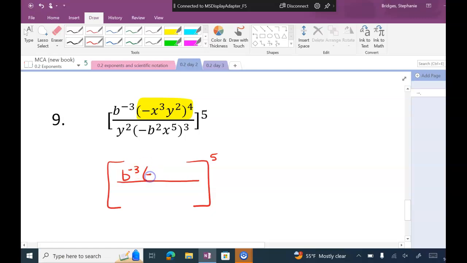So that is going to be a negative x to the what? What's 3 times 4? 12, okay. And then that y is going to turn into y to the 8th.